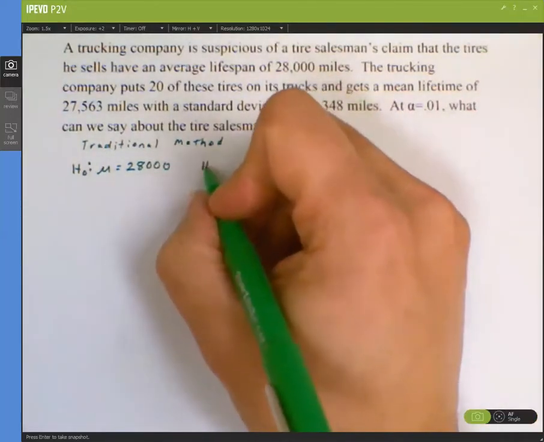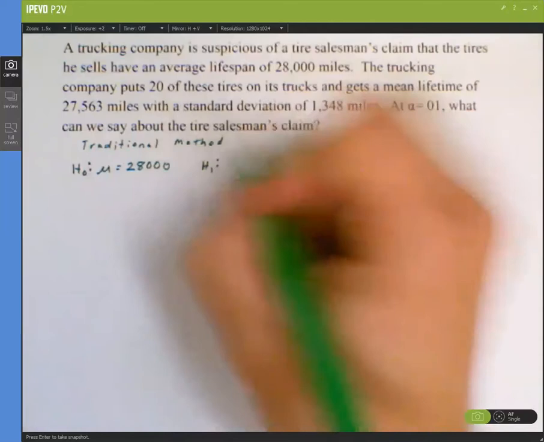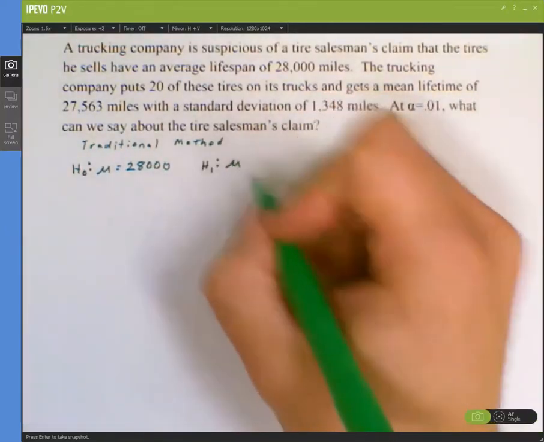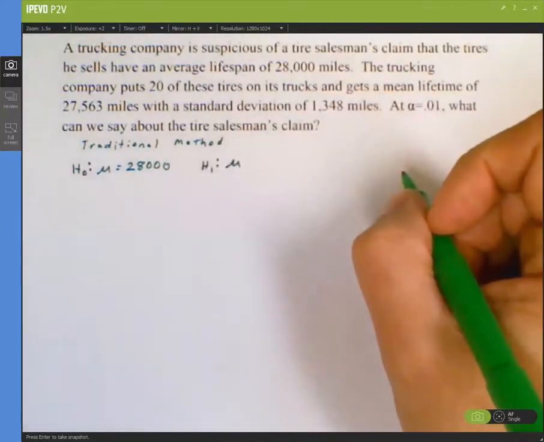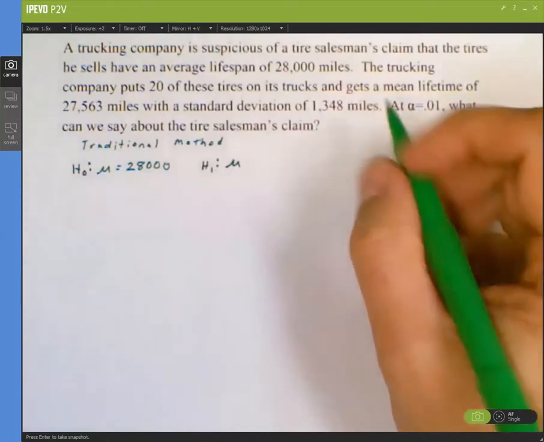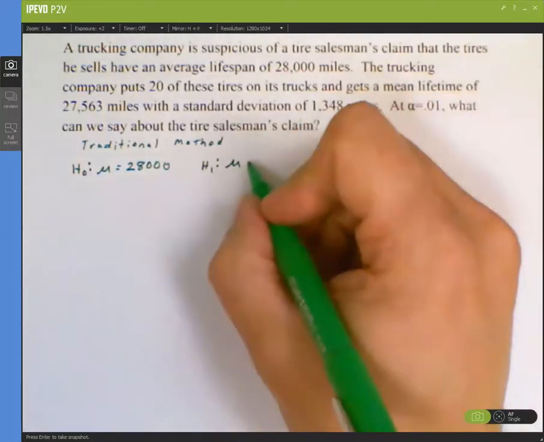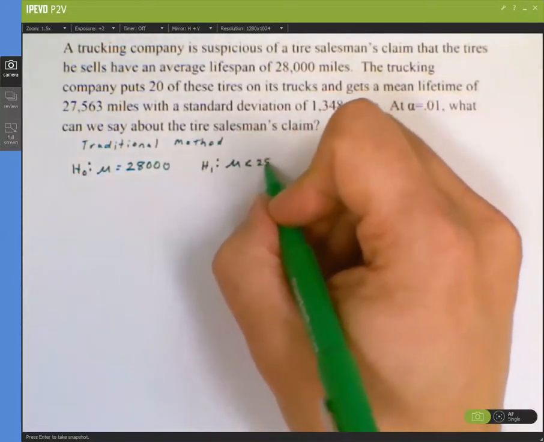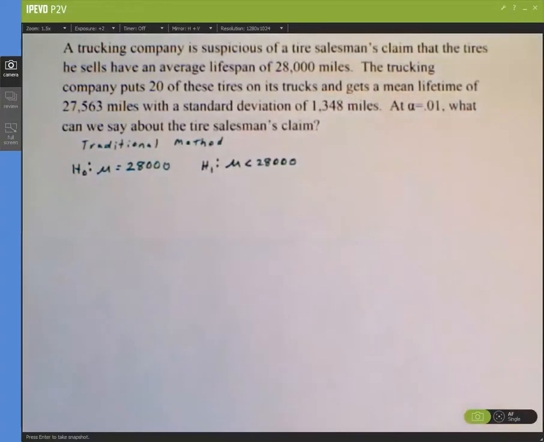Okay, the alternative hypothesis, in this case, what the truck company is wondering is, do these really get 28,000 miles, or is it less than that? If it's more than 28,000 miles, they don't care. That means at least 28,000. They're looking at, are they going to be less than 28,000 miles? Okay, so there are our two hypotheses.